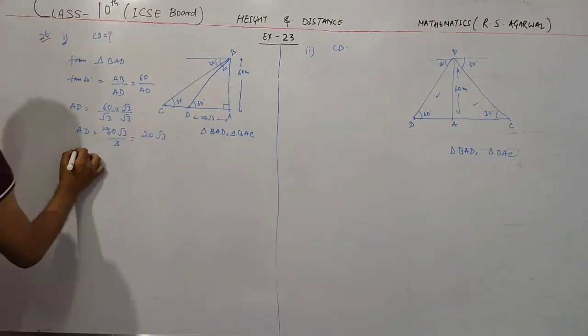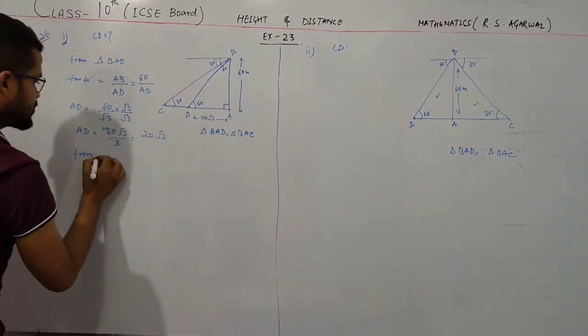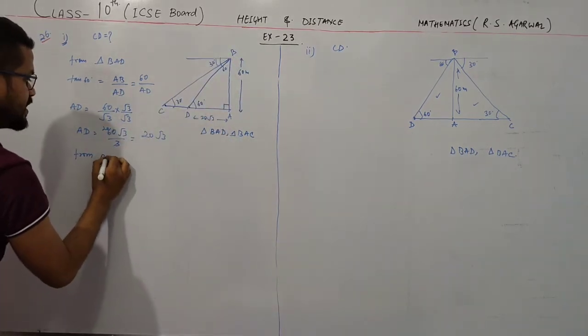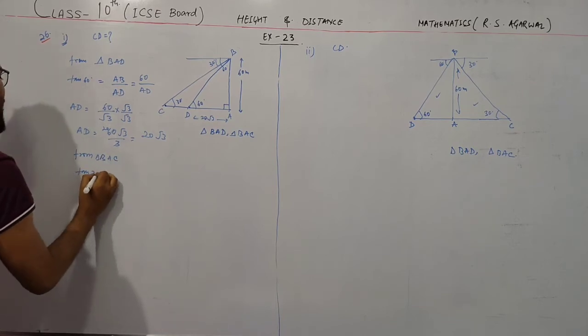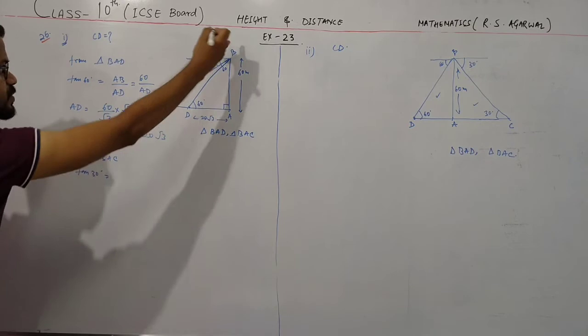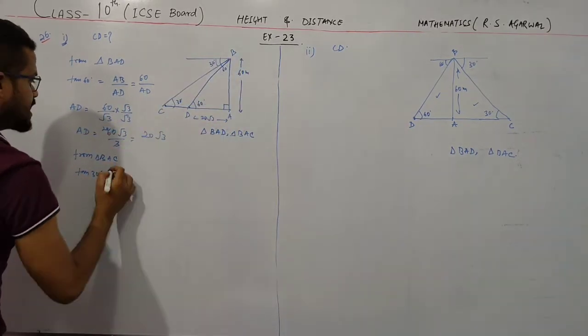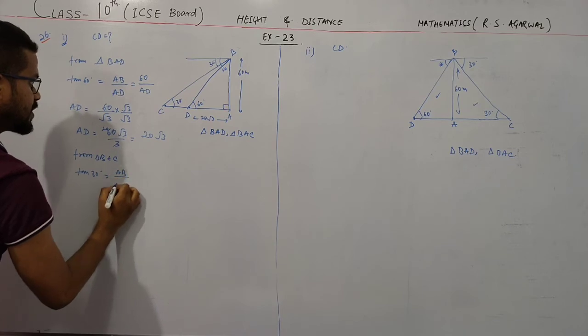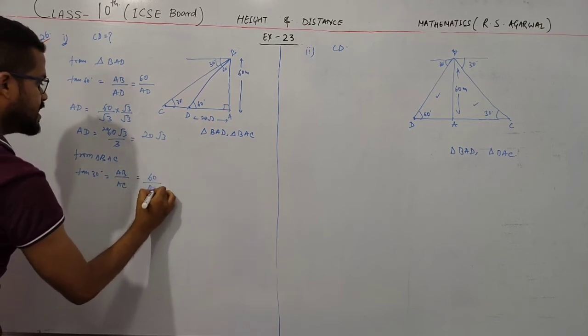Okay, now taking the large triangle, this is triangle BAC. Again take tan 30 degree. In this triangle, this is the height and this whole is the base. So AB upon AC. AB is given and AC we don't know.